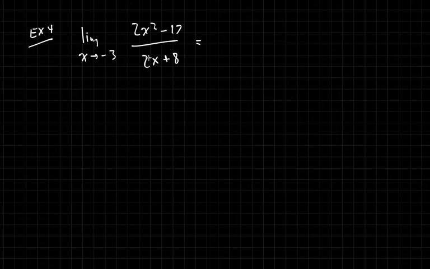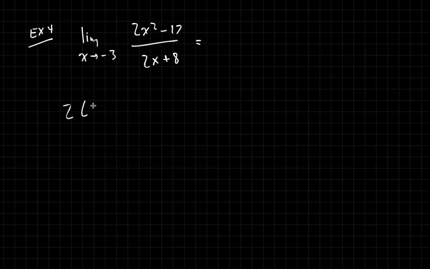Okay, example 4. The limit as x approaches negative 3 of 2x squared minus 17 over 2x plus 8. So once again, the same idea. By now we know we should just input this x value into this function, and it should be the same number as what this total expression means.